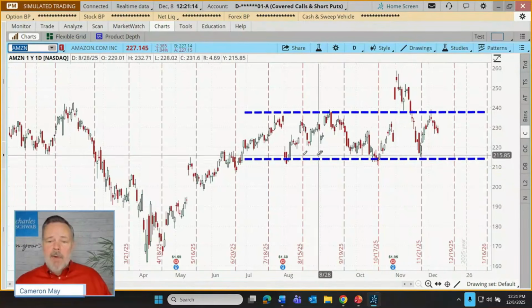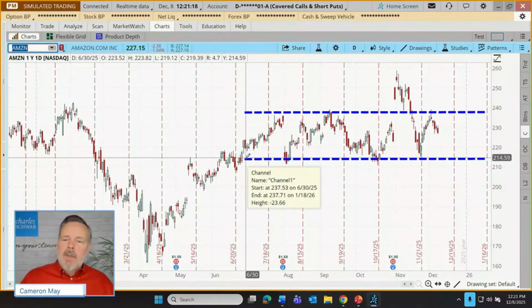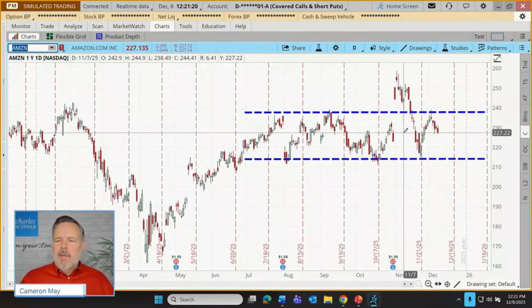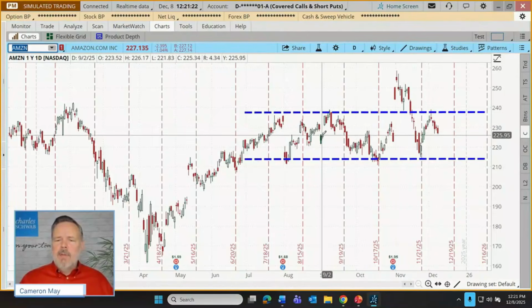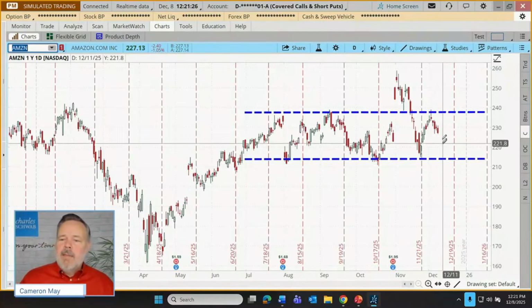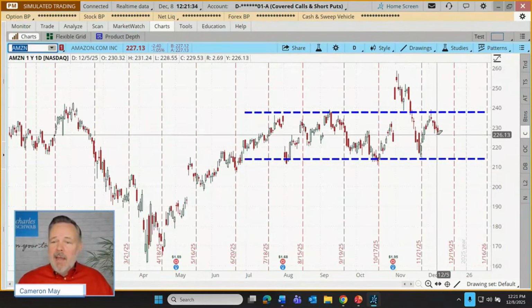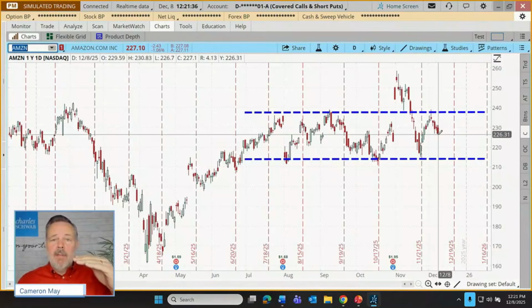So here's what I'm talking about. Looks like the price floor over the last 6 or 7, so I'll call it 6 months. Over the last, is it even 6 months? I don't want to be overstating things. 1, 2, 3, 4, 5. It's more like 5. Okay. But let's say that our trader would be okay with the addition of Amazon to their portfolio, the assignment of shares, if they didn't have to pay these relatively higher prices.